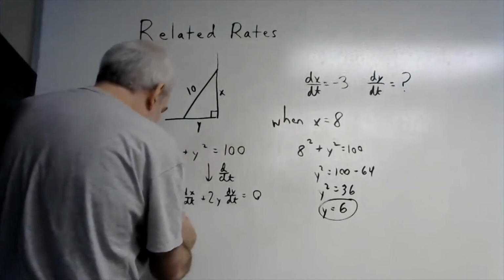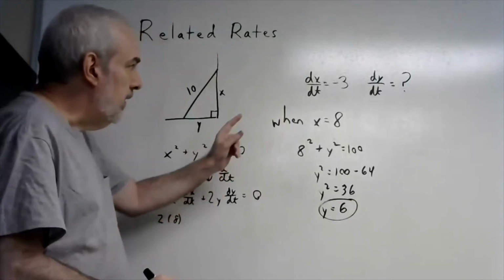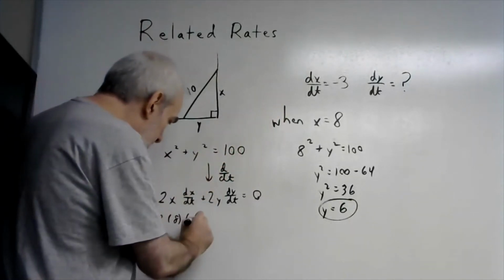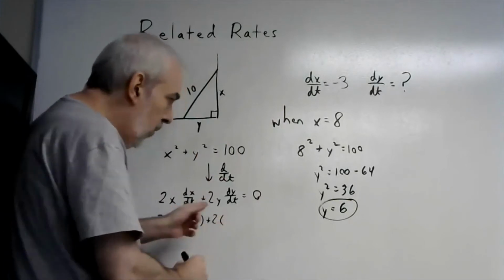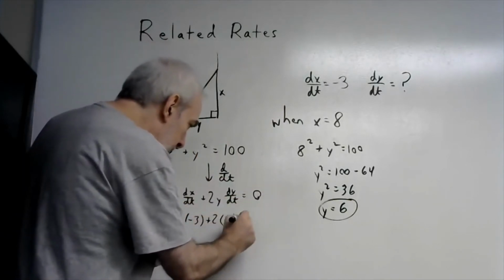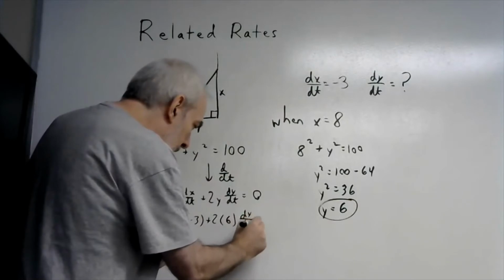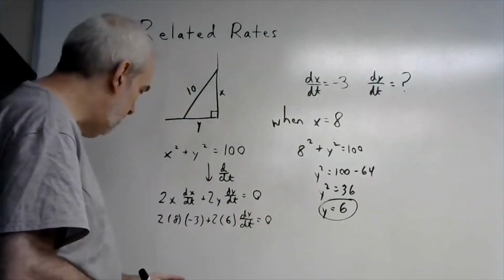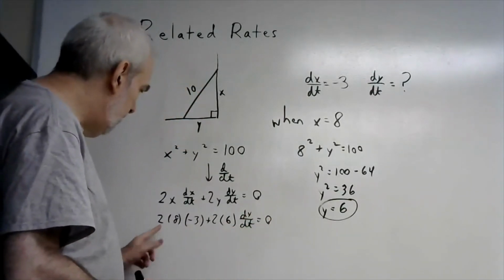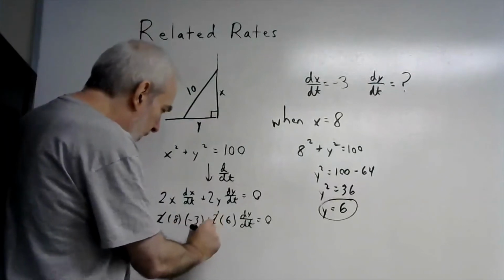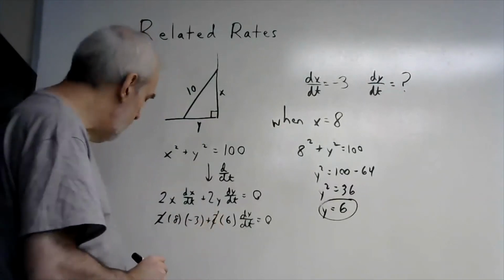x is 8, dx/dt is -3, y is 6, and then we're solving for dy/dt. So let's divide by 2 everywhere. That'll just simplify the problem.